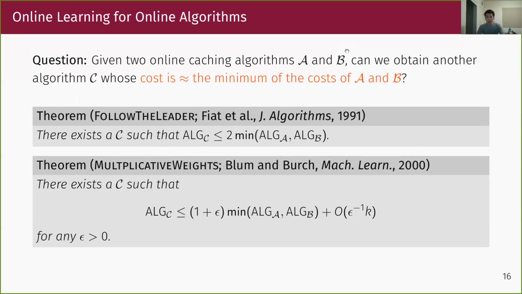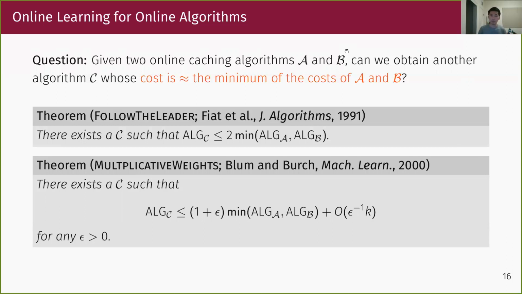To rephrase this question slightly, we want to answer whether, if we're given two online caching algorithms, A and B, can we obtain another online caching algorithm, C, whose cost is approximately the minimum of the costs of algorithms A and B. And so it turns out that online learning techniques work very well here.